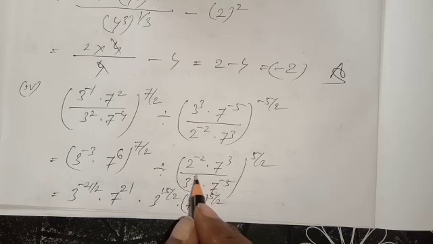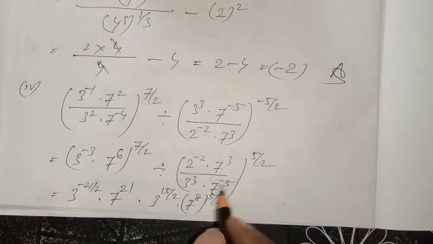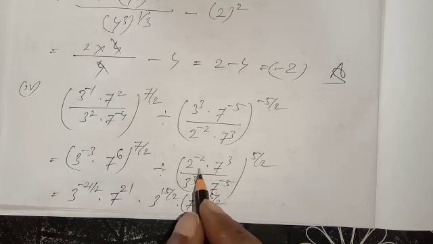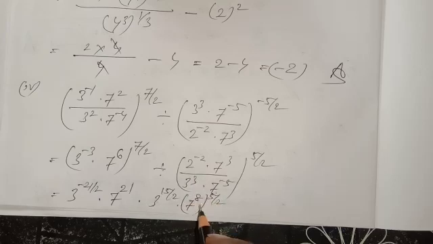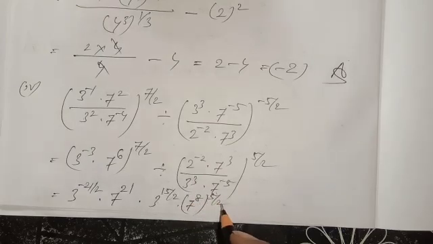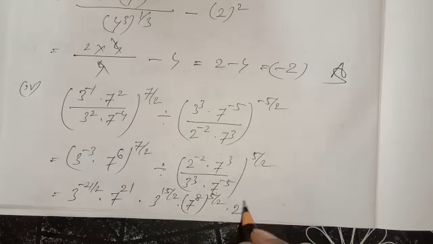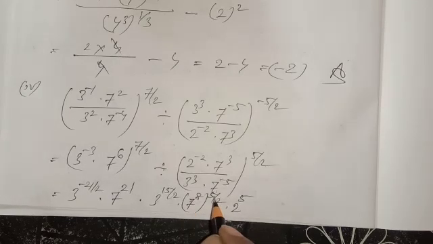And then 2 to the power minus 2, that means it will come down, 2 to the power 2, here 5 by 2, then 2 to the power 5. Now see how much is coming here. This is 7 to the power 20.